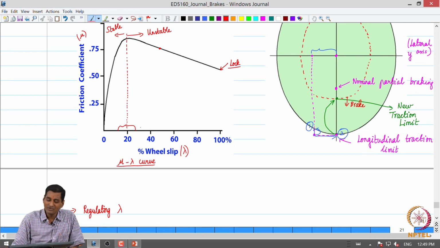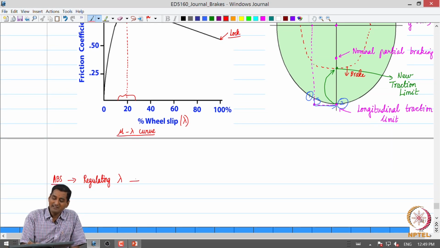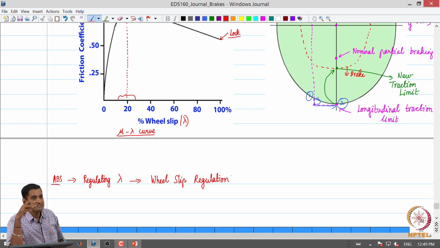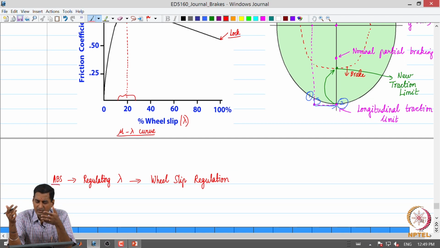This problem of regulating lambda is what is called wheel slip regulation, which is a very important aspect for active vehicle safety systems, which essentially work automatically in current generation vehicles. Antilock brake systems, electronic stability control systems, all work on regulating the wheel slip accurately.